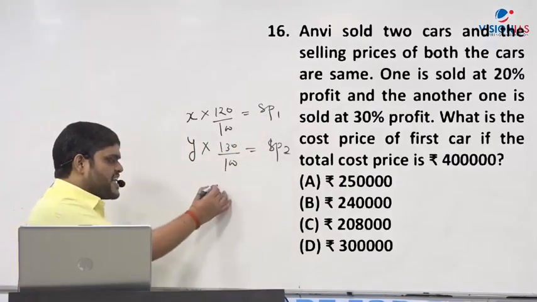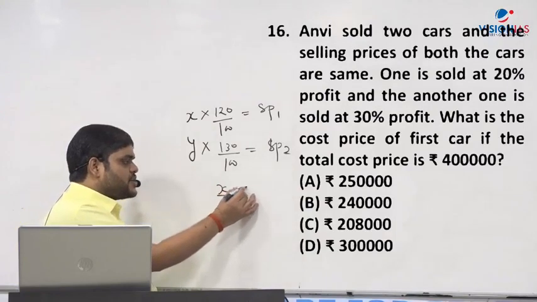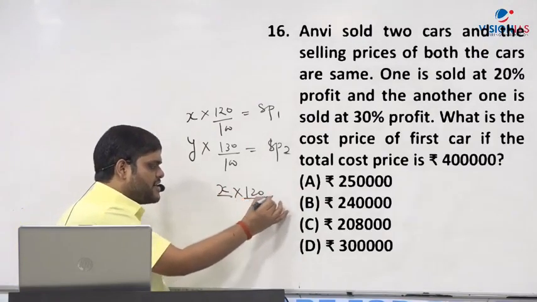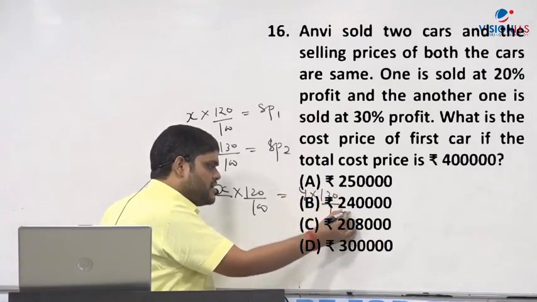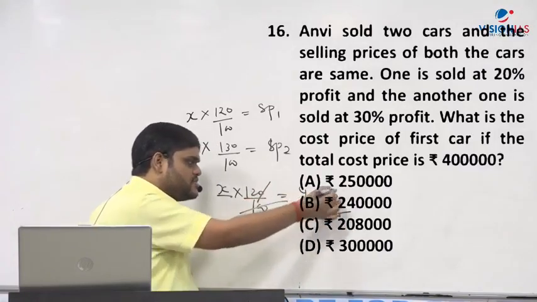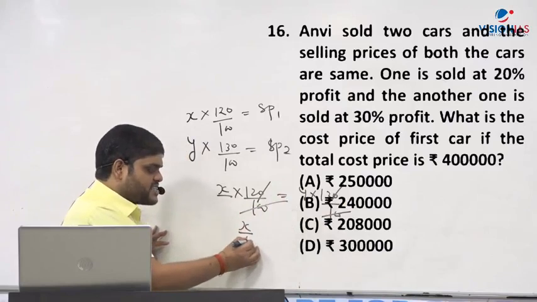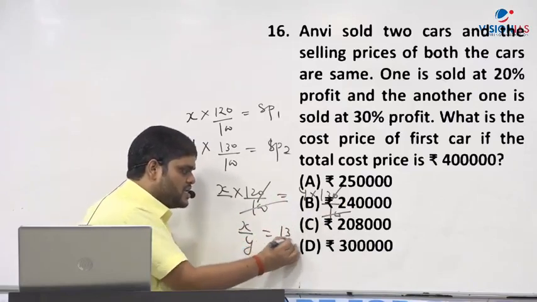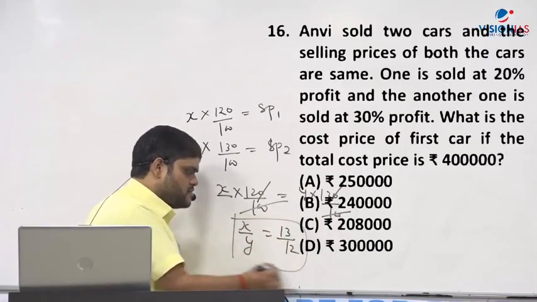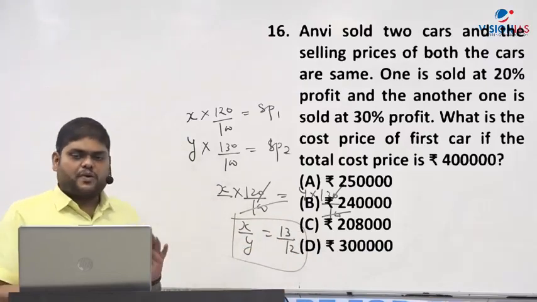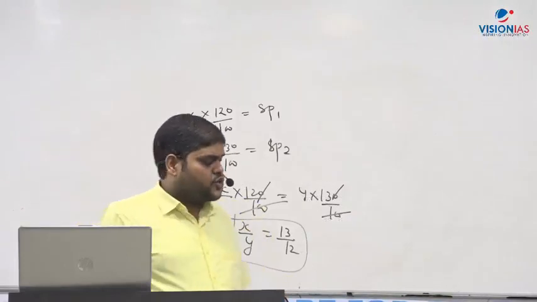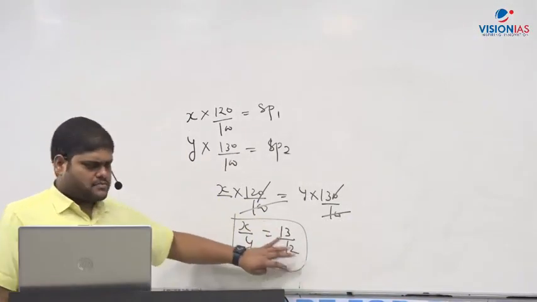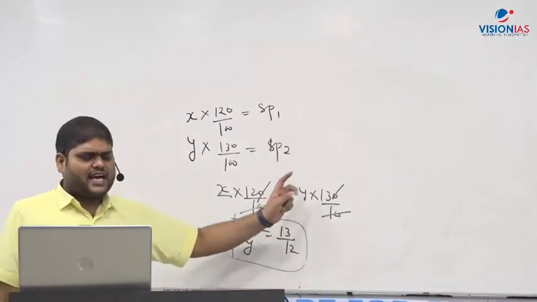That means X into 120 upon 100 is equal to Y into 130 upon 100. The 100 cancels out, the 0 cancels out. X upon Y is equal to 13 upon 12. That means the ratio should be 13 upon 12, and the total value is 4 lakh. So we can find it with the help of ratio.